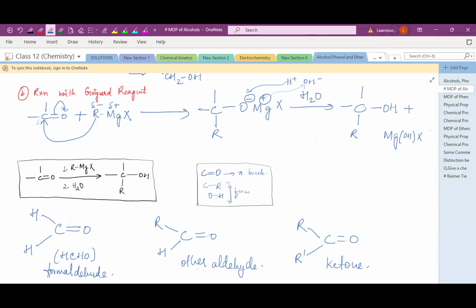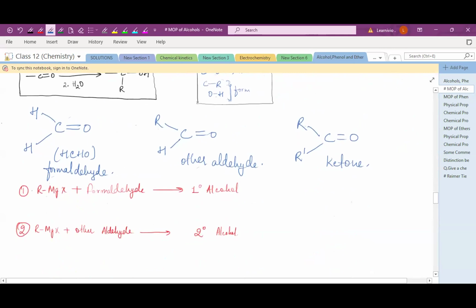Three reactions will be there: formaldehyde, other aldehyde, and ketone. In all the cases, we will get a different alcohol. When you treat formaldehyde with the Grignard reagent, you will get a primary alcohol.